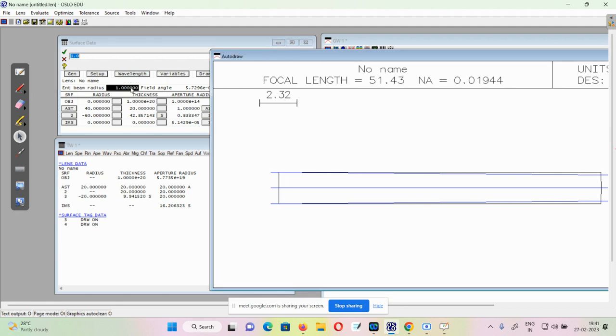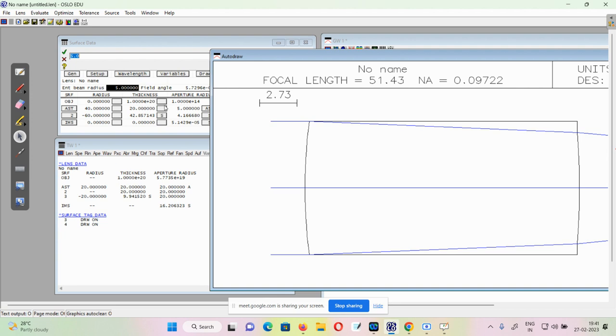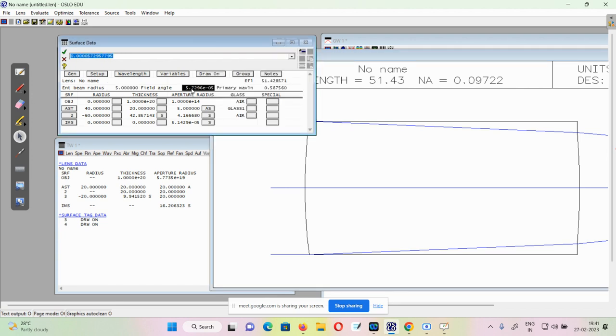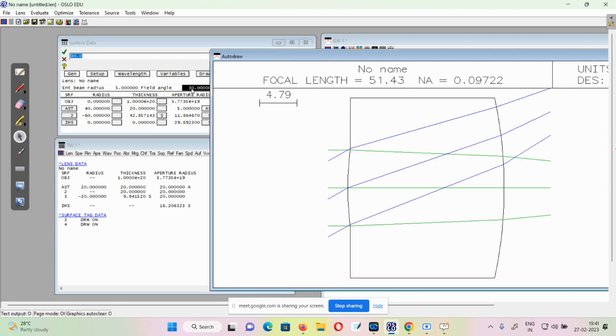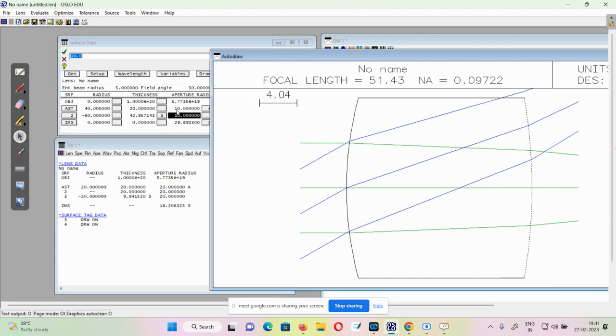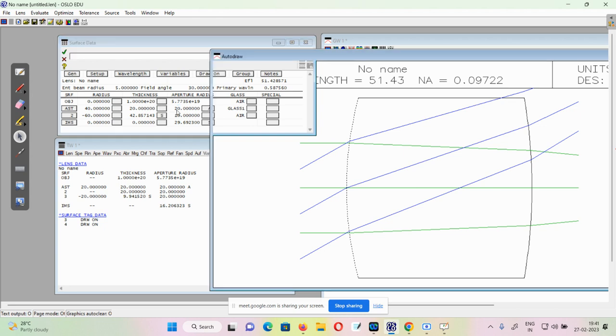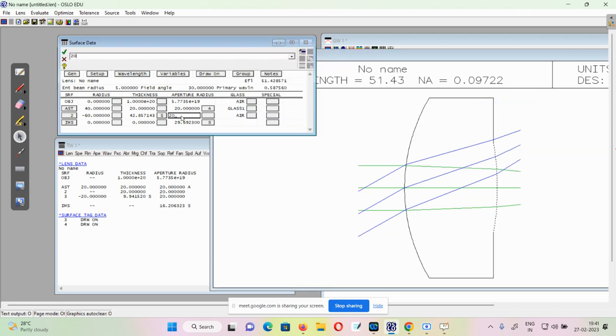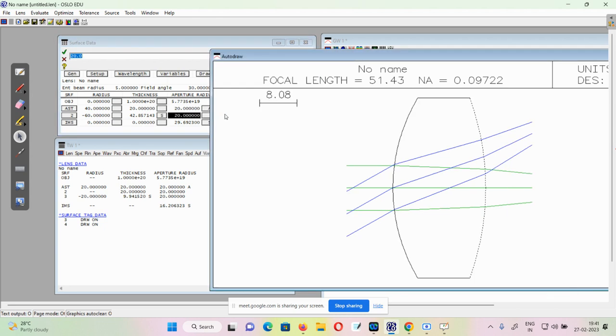So if you want to see something kind of the lens, okay, this is the thick lens you want.